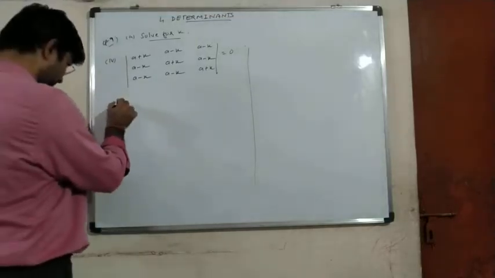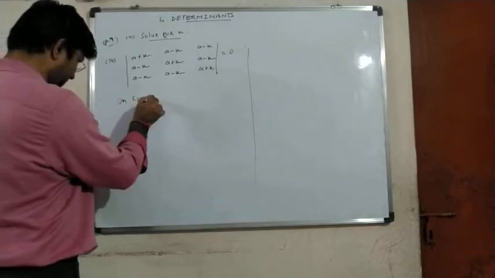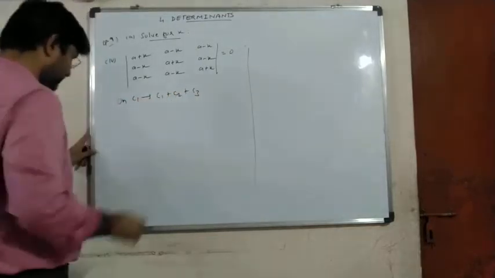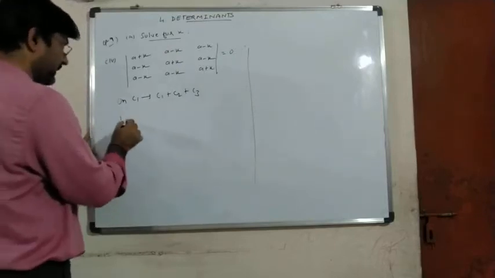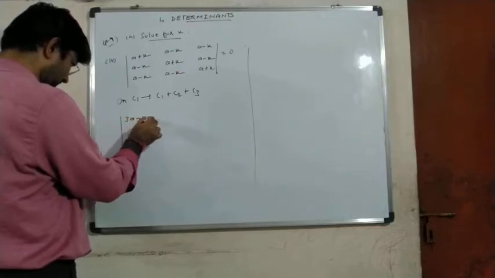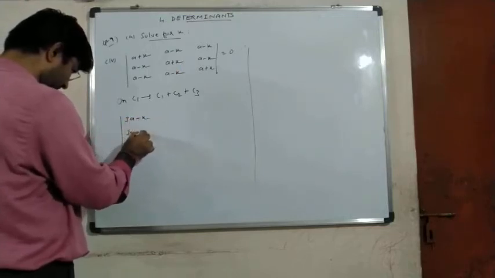So here on C1 I am adding C1 plus C2 plus C3. If you add, you will get 3a minus x, a plus a plus a, 3a minus x in the first column.